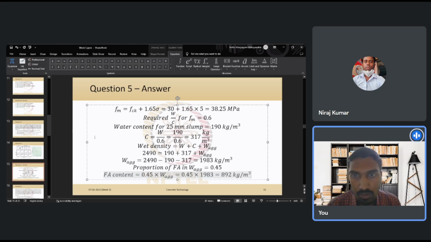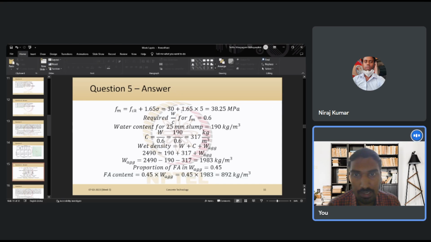Okay, so we found out the target mean strength, we found out the water to cement ratio required, we found out also the water content required, and also the fine aggregate content, right? So any questions? How do we use the DOE method?